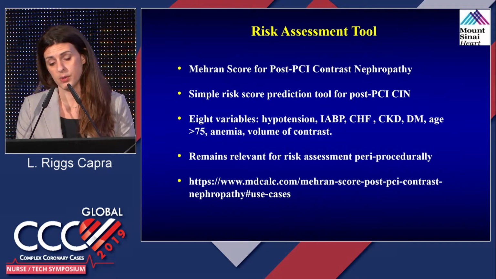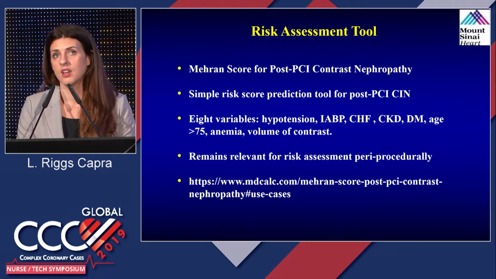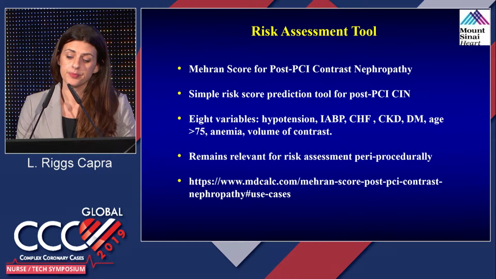There's 8 variables, all of which get a different integer. Is the patient hypotensive? Defined as a systolic blood pressure less than 80. Did we use an intra-aortic balloon pump? Does the patient have congestive heart failure, CKD, diabetes, and age greater than 75, anemia, and what's the volume of the contrast? I think that you probably can see the parallel from the last slide.